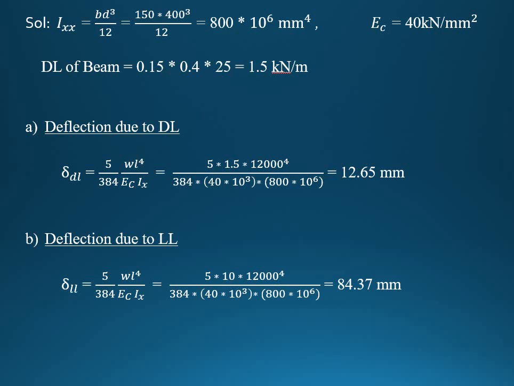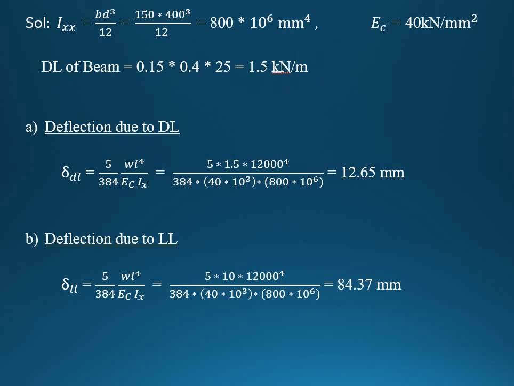Now substitute this, which is nothing but W, the load due to dead load. So substitute that value here. So it will be 5 into 1.5. Here sometimes you may get confused. Here we should substitute in terms of Newton per mm. If you are converting from kilonewton to Newton, it will be 1.5 into 10 power 3, divided by, if you are converting meter to mm, 10 power 3.